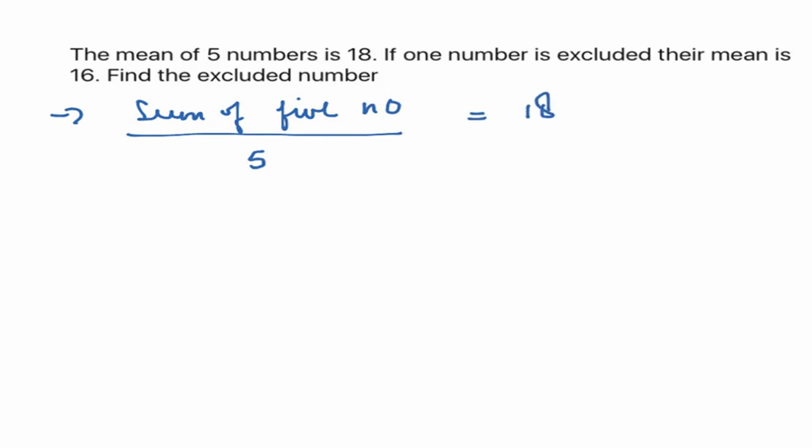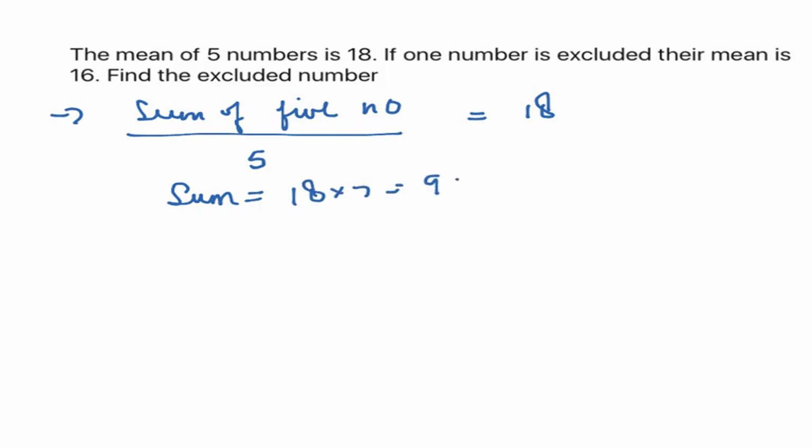Because mean is equal to the sum of 5 numbers divided by the number of numbers. Here the number of observations is 5 and the sum we don't know, and the mean is given. So the sum will be 18 times 5, that is 90.